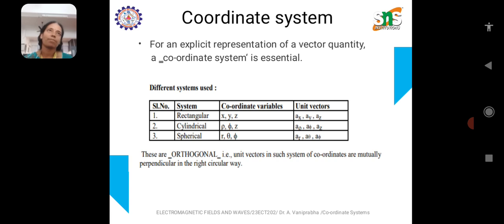The Cartesian coordinate system has three coordinates, namely x, y and z. This is used when dealing with rectangular or grid-like structures, helps in defining straight line motion and linear relationships, and is ideal for problems in physics, engineering and computer graphics.